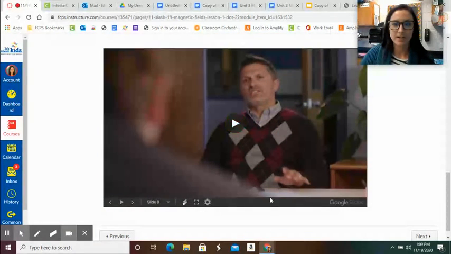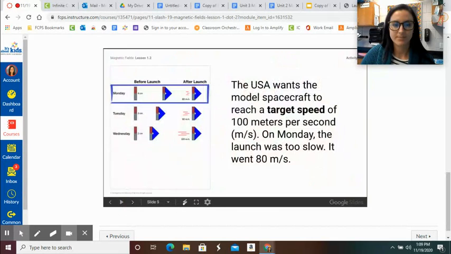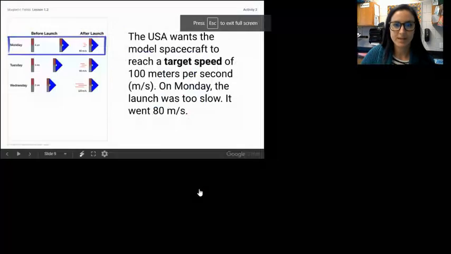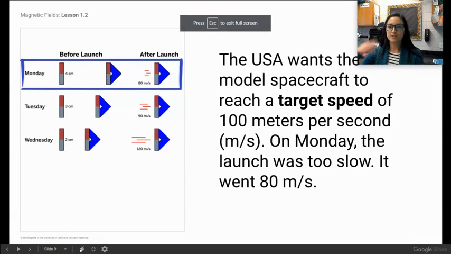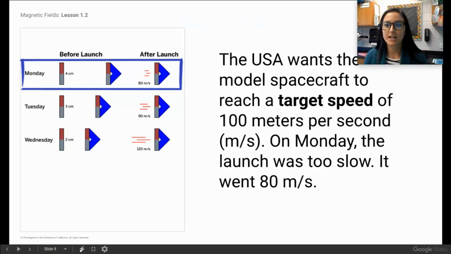It goes over this idea. So they want to launch a spacecraft, and it's using magnetic fields and the force that magnets provide, and they want it to reach a target speed of 100 meters per second.